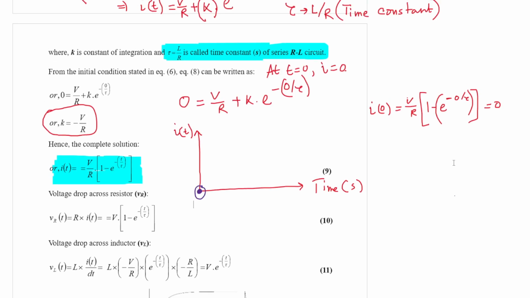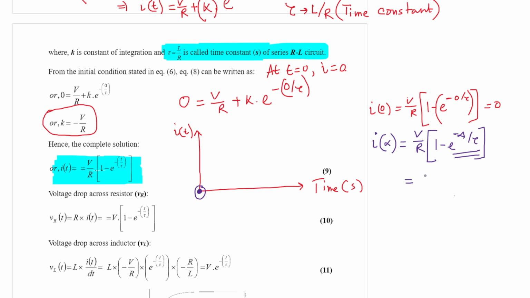Now if you put t is equal to infinity in this equation, that means a long time, large time, this equation becomes V by R into 1 minus e to the power minus infinity by tau. So this e to the power minus infinity will be 0, this term will be 0.